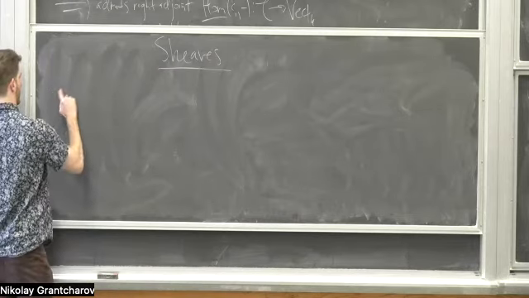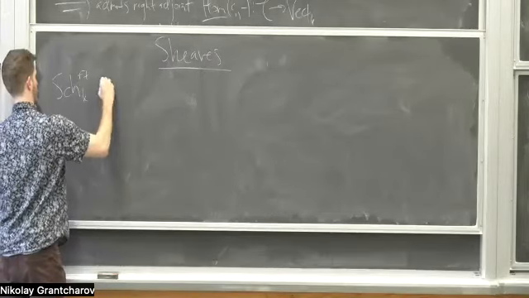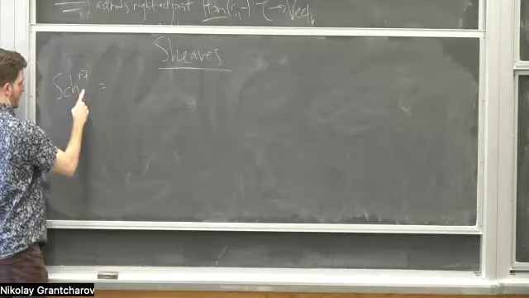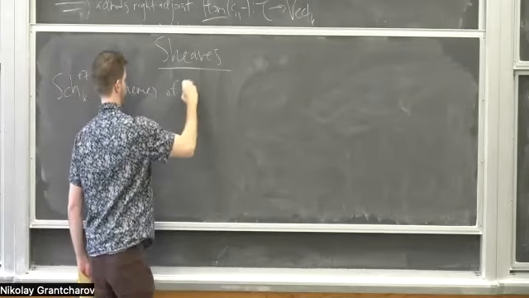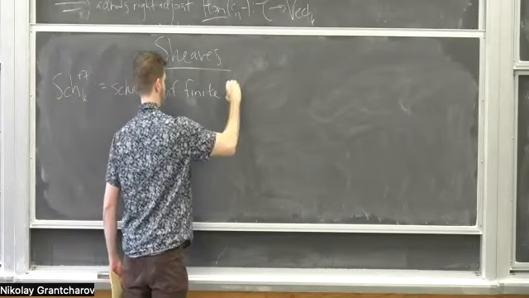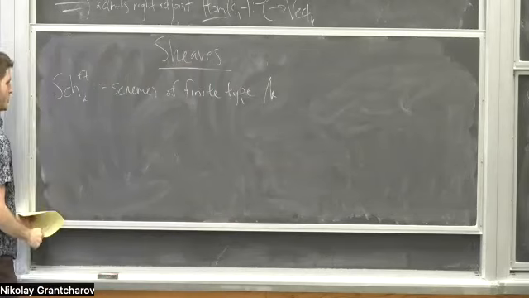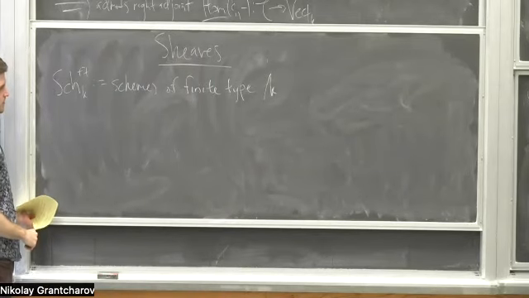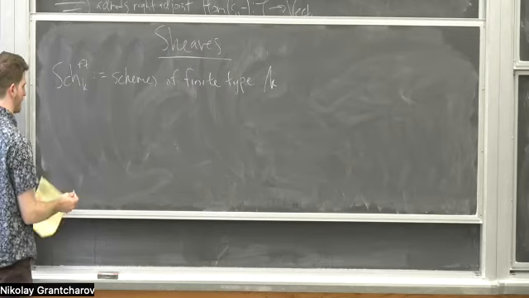So let me write. Use the symbol for the category of schemes of finite type over my base field K. I want to talk about what a theory of sheaves is, what the six-functor formalism is.